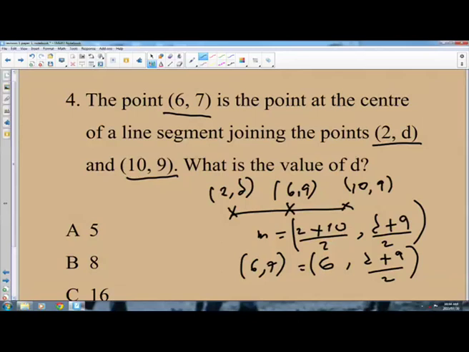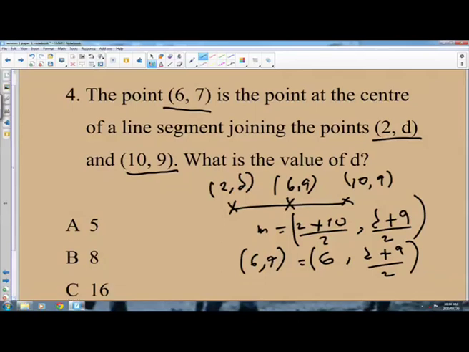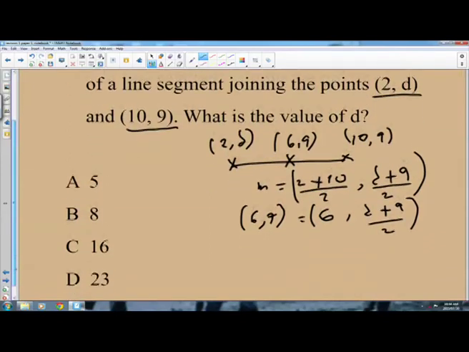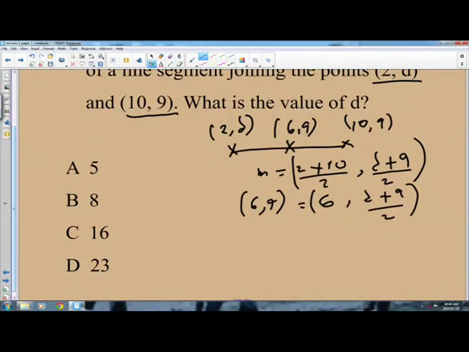So this is an equation. We simply need to solve for d. Let us solve for d. This simply means 7 is equal to d plus 9 divided by 2, meaning we have to multiply both sides by 2. So 14 will be equal to d plus 9, because when you multiply by 2 on this side, you multiply by 2 on the other side as well.